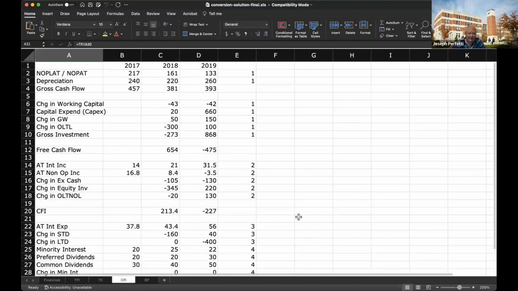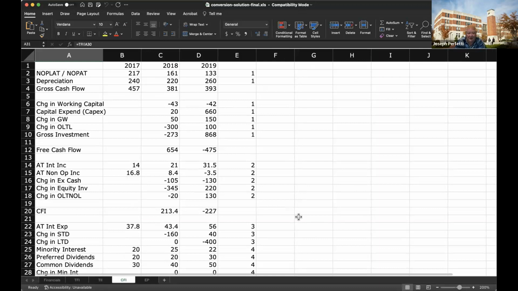The third statement was CFI. The important part to CFI is that, first of all, we have to get our free cash flow right, which is gross cash flow minus gross investment. Gross cash flow is NOPLAT plus depreciation, since we have to add back the non-cash items.